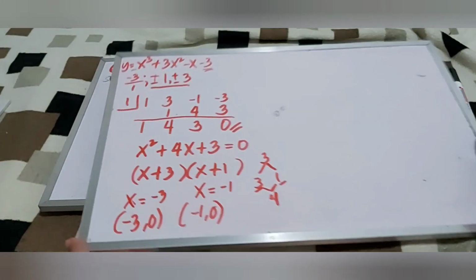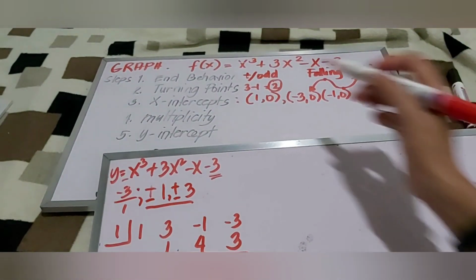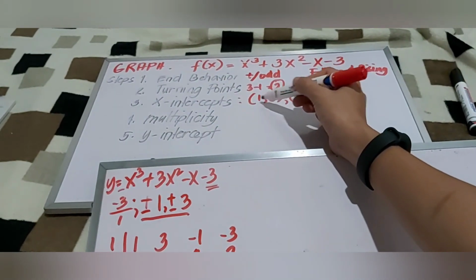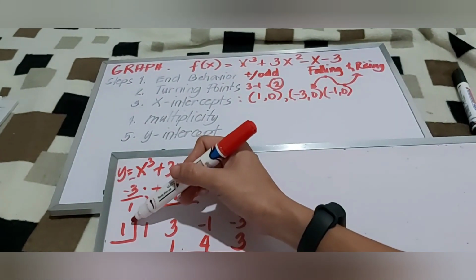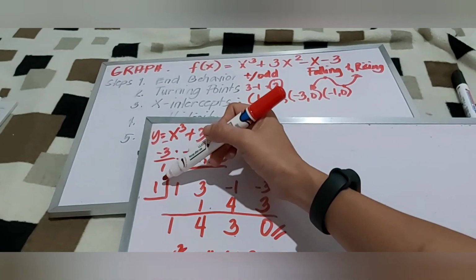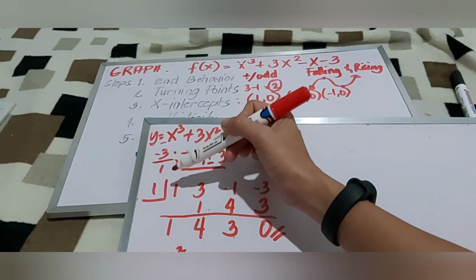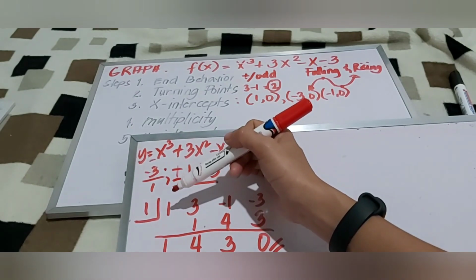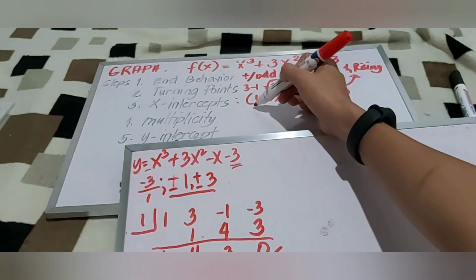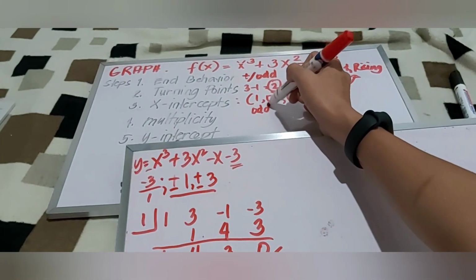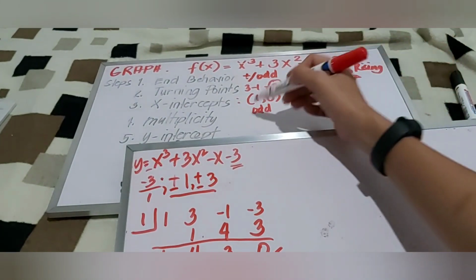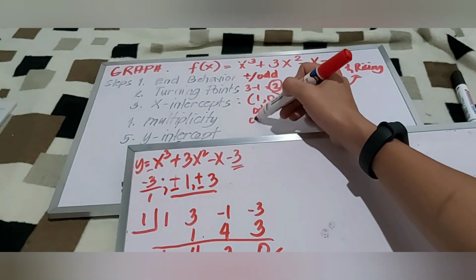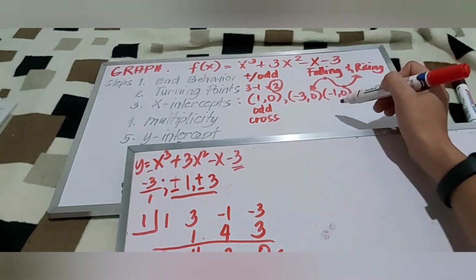Okay? Now, for multiplicity, tingnan natin saan nanggaling yung 1 and 0. Ito yon. So, ang factor niyan ay magiging x minus 1, which is also a linear expression. So, dahil linear yon, ang degree nun ay 1, so this is odd. At kapag odd, alam natin that the graph will be crossing our x-intercept.